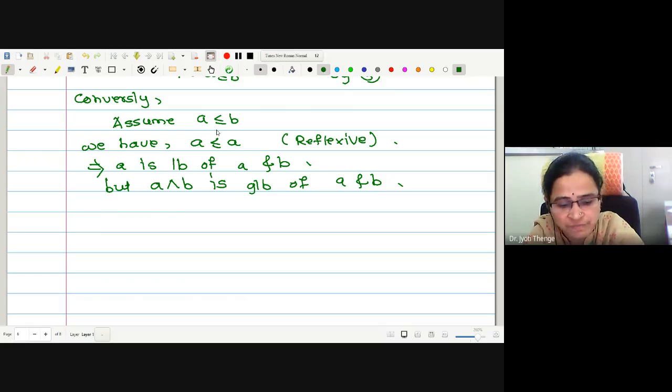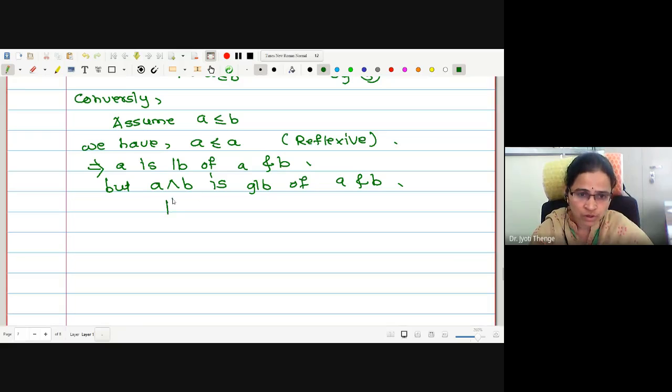Therefore, A is a lower bound of A and B. But A meet B is the greatest lower bound of A and B. The relation between a lower bound and the greatest lower bound is less than or equal, so A is less than or equal to A meet B. Let me call this statement number 4.